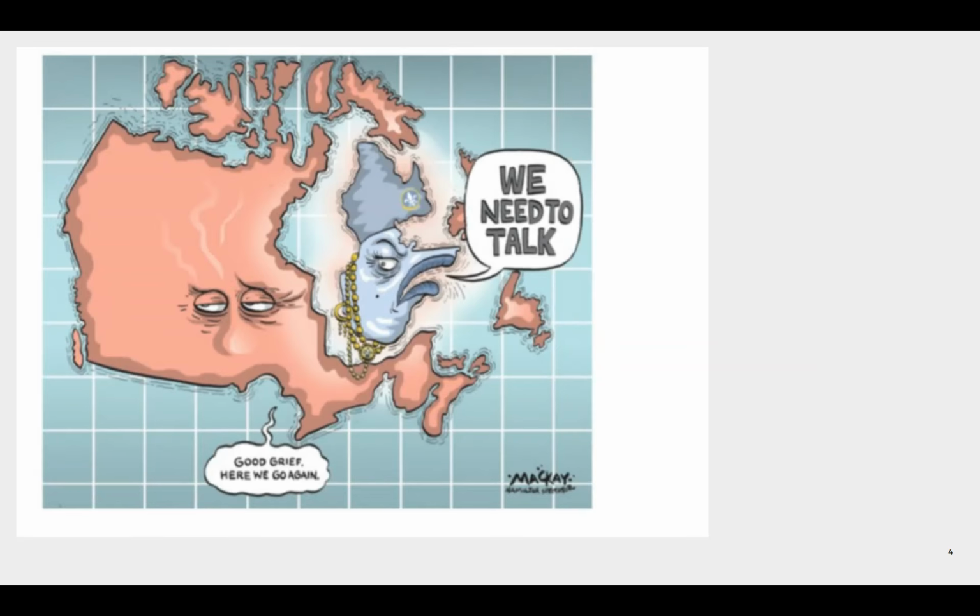Next, let's look at this political cartoon. Let's analyze it together. To start with, we see what looks like Queen Elizabeth, dirty, ugly. I mean, rest in peace to the Queen, but it kind of looks like a fish. And then we see right here, "Good grief, here we go again."